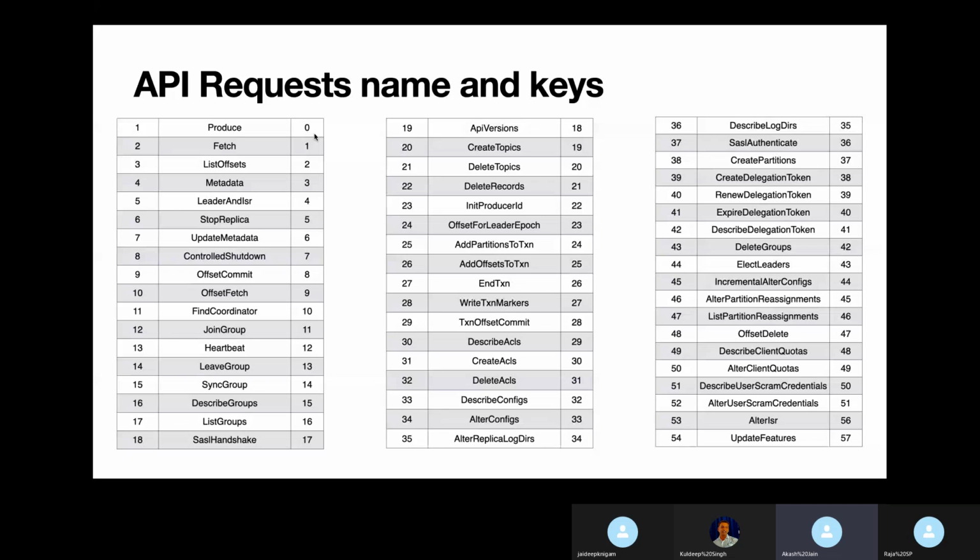Now, we're going to take one example situation and try to understand what API requests are used between a Kafka client, a Kafka consumer to be specific, that is trying to join a Kafka consumer group, and see what goes on in there.